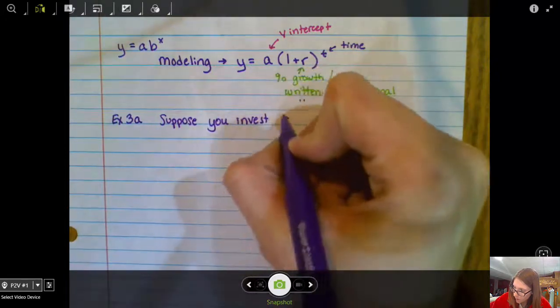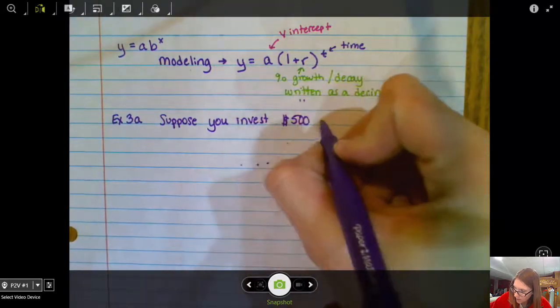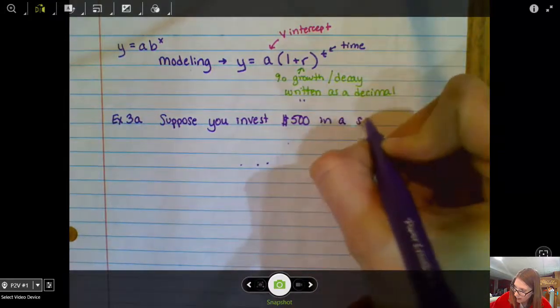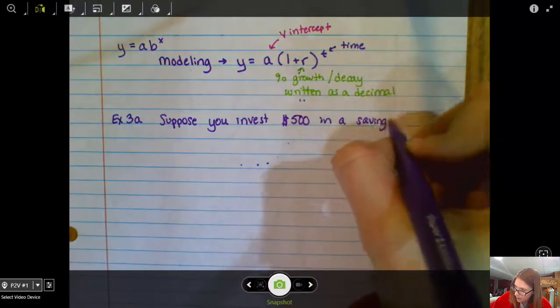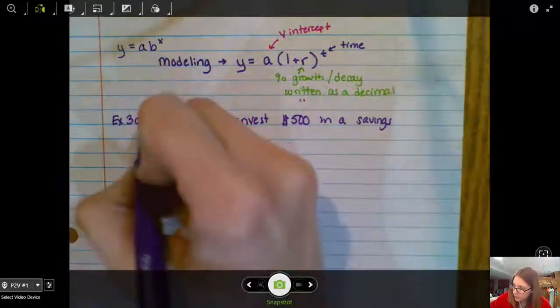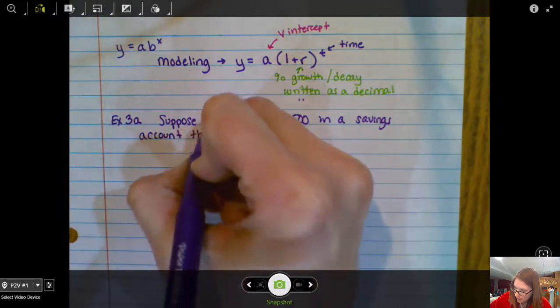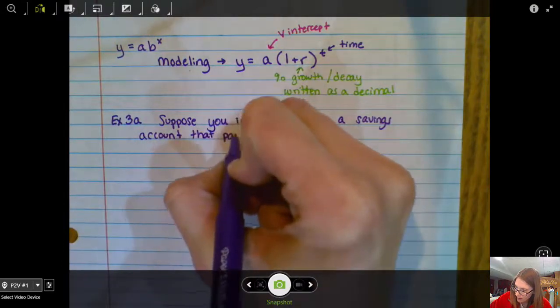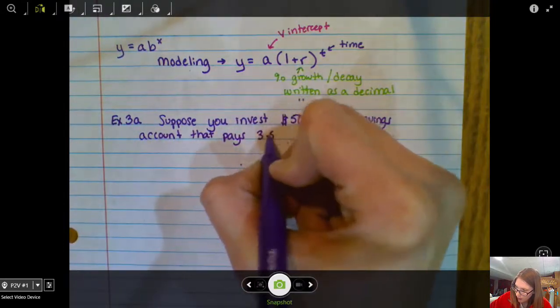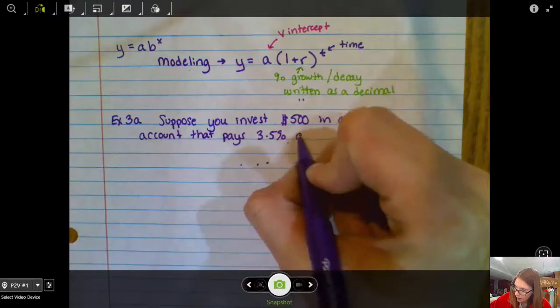Suppose you invest $500 in a savings account that pays 3.5% annual interest.